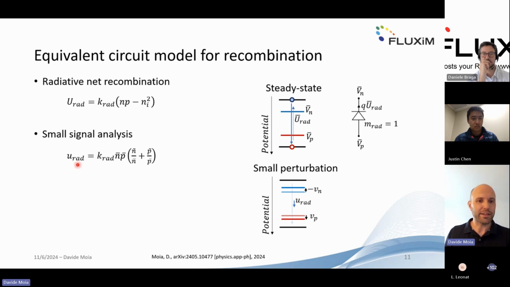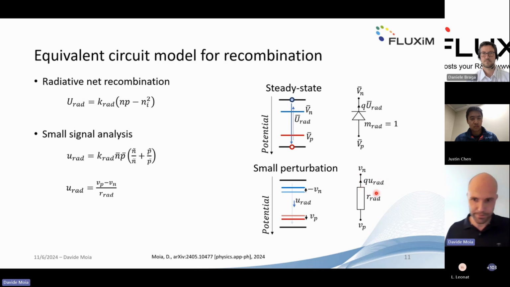If we then relate this to not the changes in concentration, but the changes in quasi-Fermi levels, which are the relevant potential when it comes to equivalent circuit models, what we find is that the radiative recombination can be well described by considering a radiative resistor in terms of a circuit model, where essentially the current that flows in the resistor between the change in quasi-Fermi level of the holes and of the electrons is the small signal net recombination.